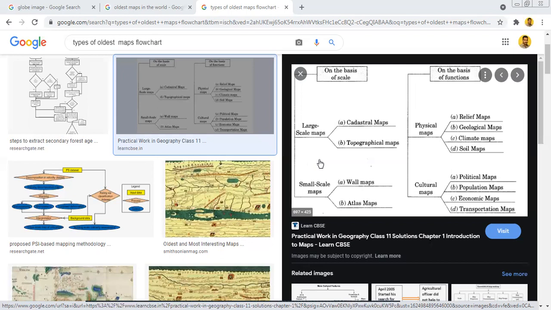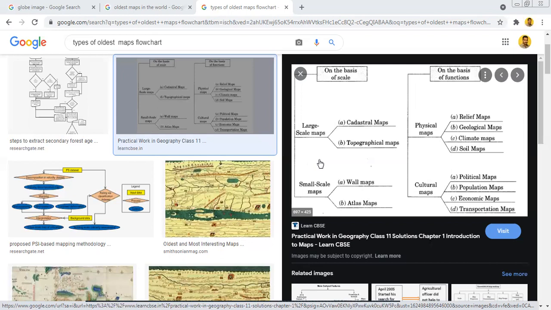So to maintain the records of the lands, the Sumerians started preparing sketch maps in the beginning, to maintain the account of the lands and the income generated from those lands.